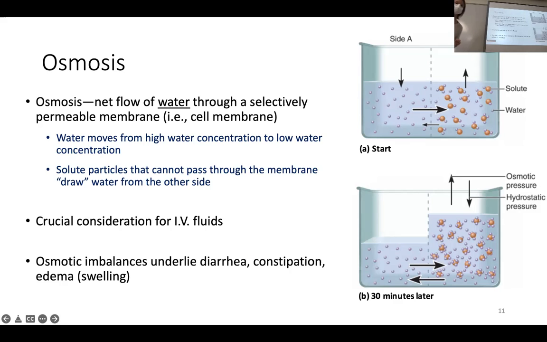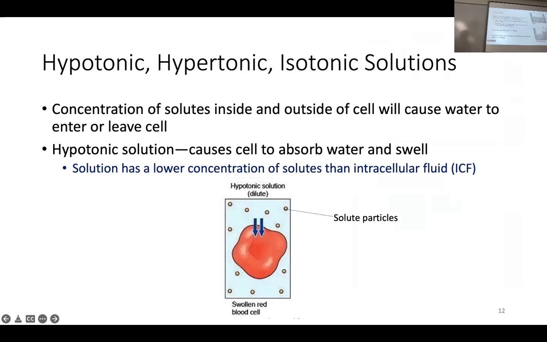Now we're going to talk a little bit more specifically about this idea of hyper, hypo, and isotonic solutions. So this is where you can predict which way the water is going to move. And in our case, we're kind of thinking about body cells in some kind of solution. So our body cells are surrounded by fluid, by extracellular fluid.